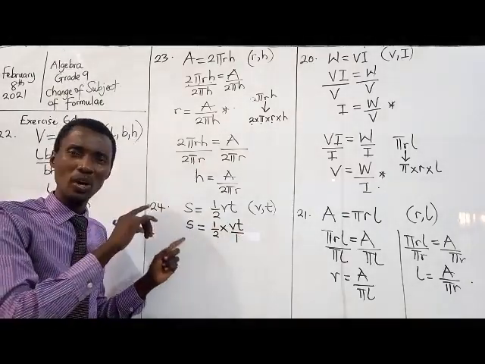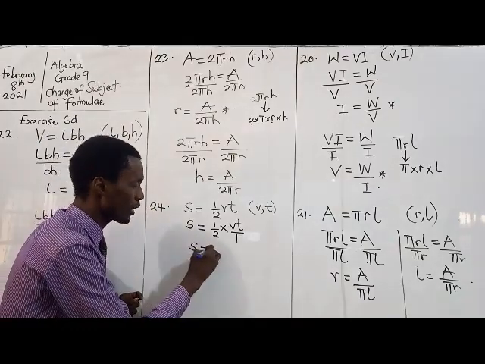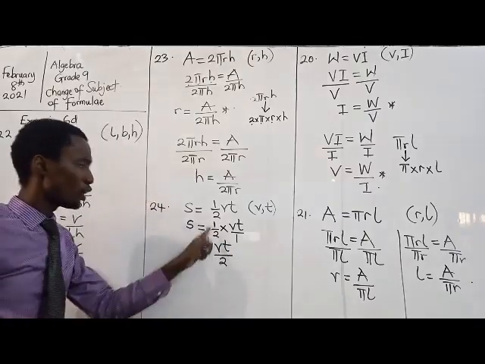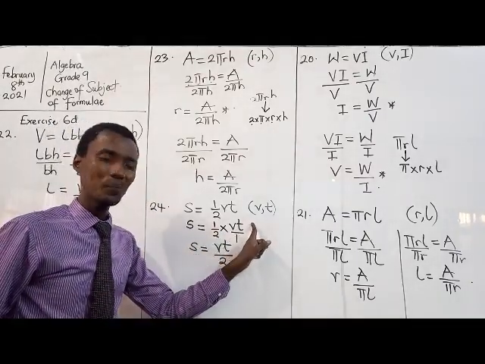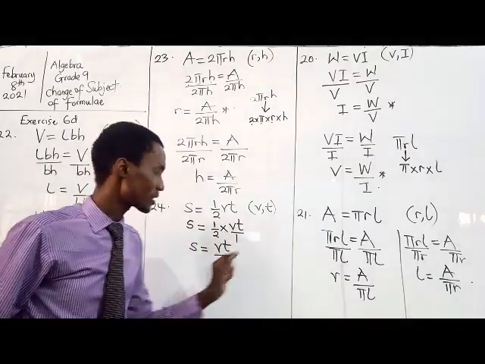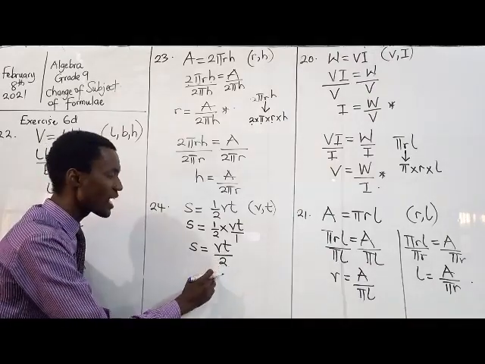Please let's watch, because this is one aspect that can throw your balance. S will now be equal to Vt over 2, numerator times numerator, denominator times denominator.